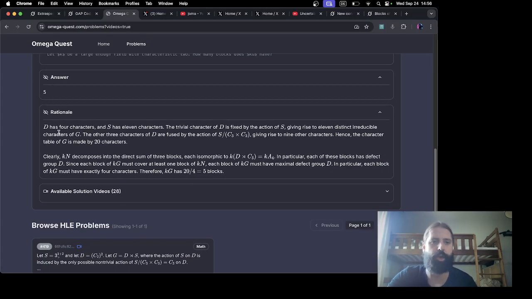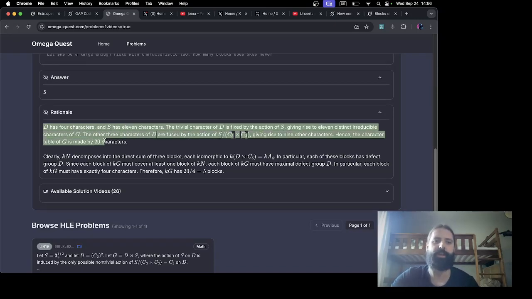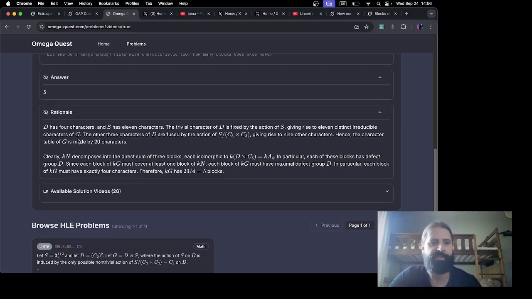So here they go and attack that straight, like they go straight to counting the reps, and then they say clearly, Kn decomposes into the direct sum of 3 blocks, each isomorphic to... But I don't know why that is so clear.